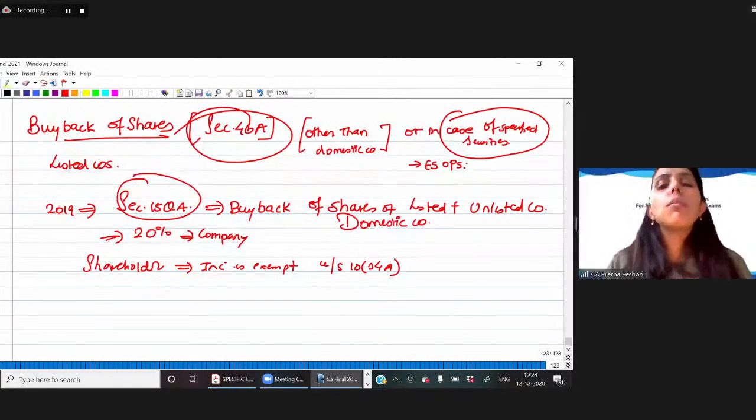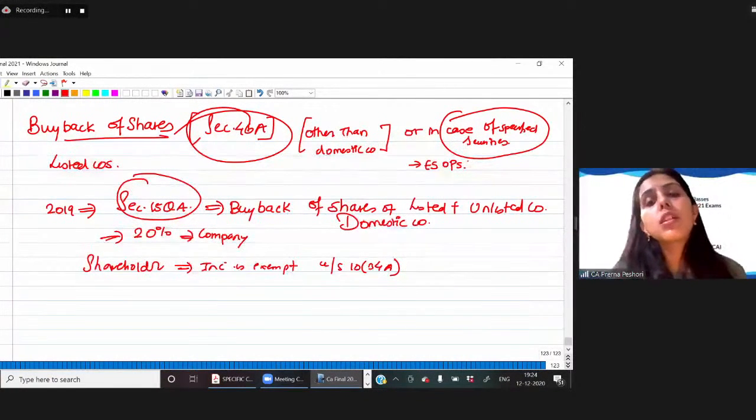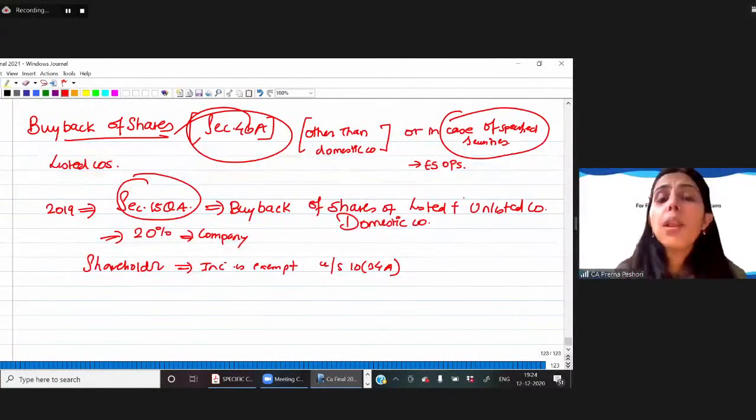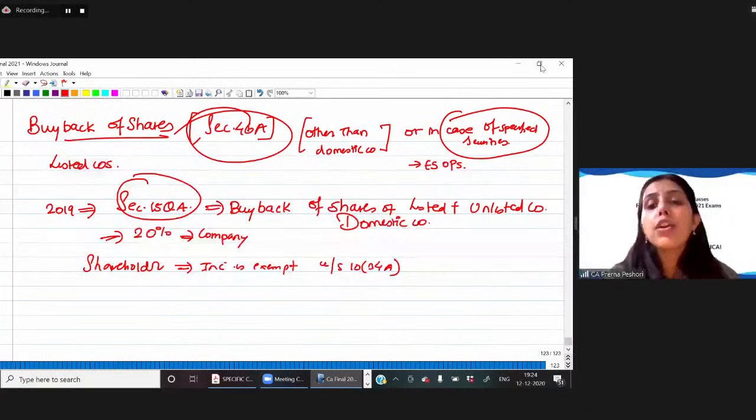ESOPs. So on buyback of ESOPs, 46A will be applicable and the taxability will be in the hands of the shareholder and not 115QA. Are you clear with that? So in that case, what will be applicable? 46A. So this is the chart for that.